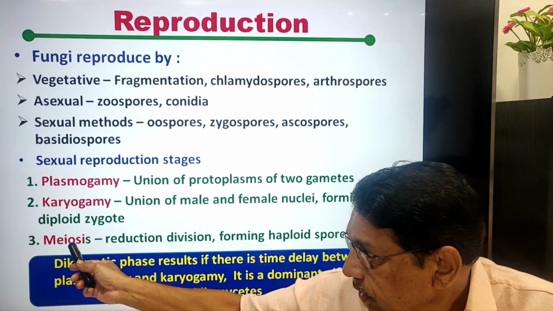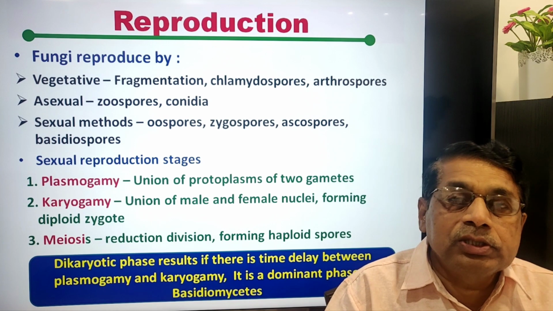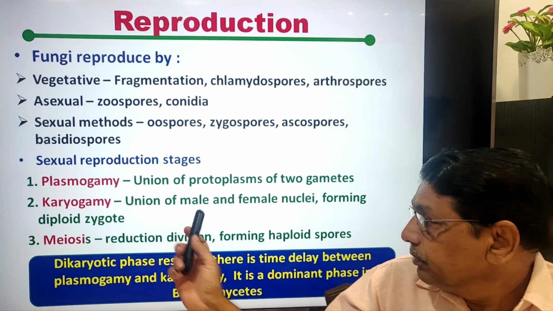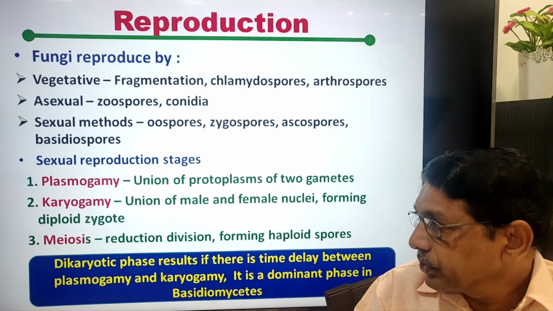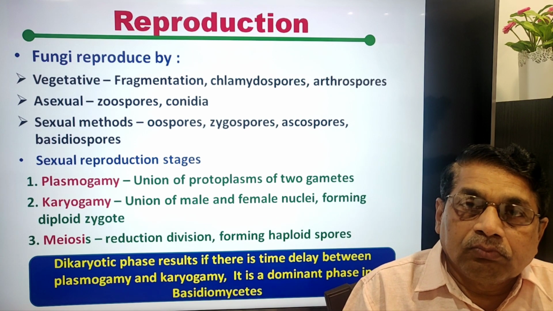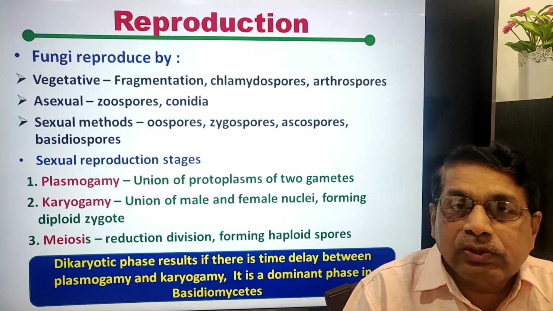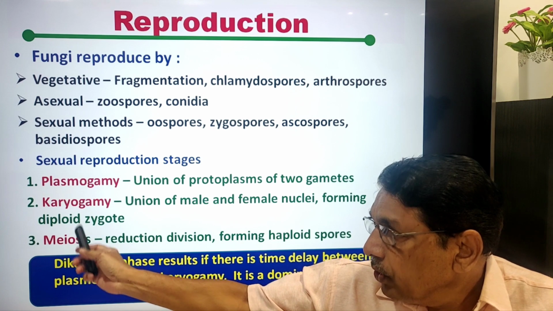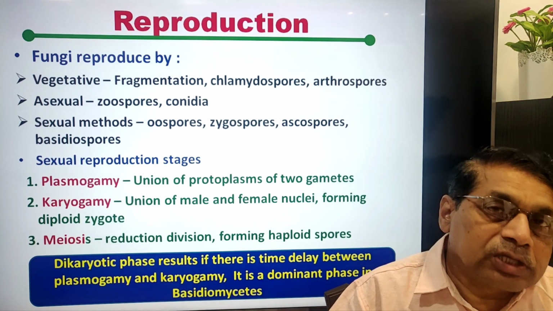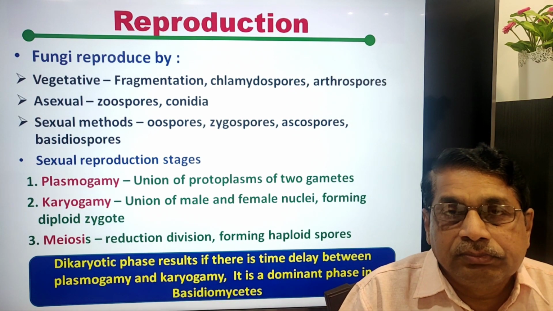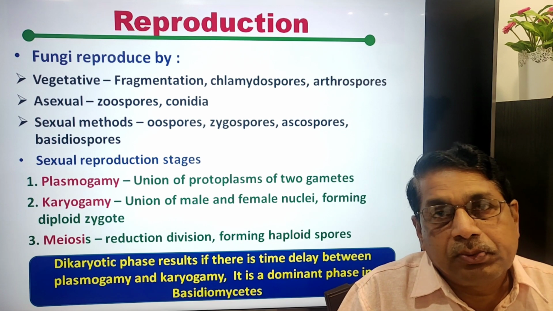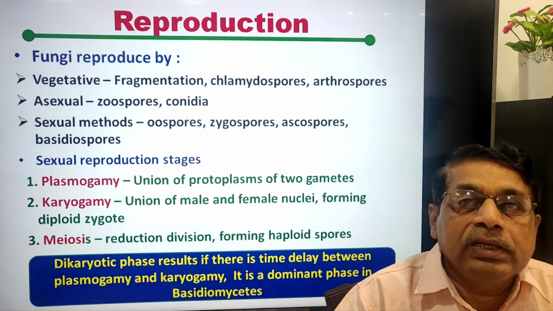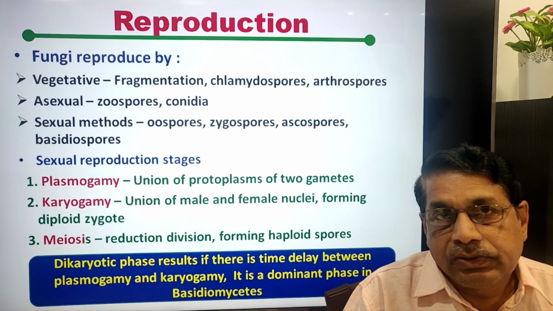Then at one stage or another, the diploid zygote undergoes meiosis, reduction division, forming haploid spores. So in a true sexual reproduction, there are 3 phases: plasmogamy, karyogamy, meiosis. There is another mode of reproduction called parasexual reproduction. These 3 stages will be there, but not in a regular sequence.